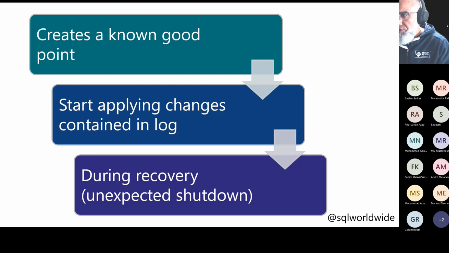We'll talk about that later on. That is the main purpose of checkpoint. Because if checkpoint doesn't happen frequently, then there will be a huge number of transaction logs that SQL Server has to sniff through to decide which ones to remove and which ones to apply.